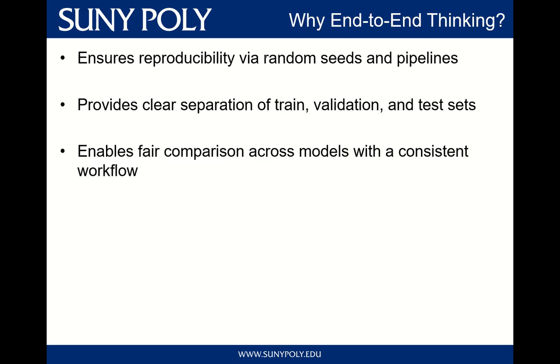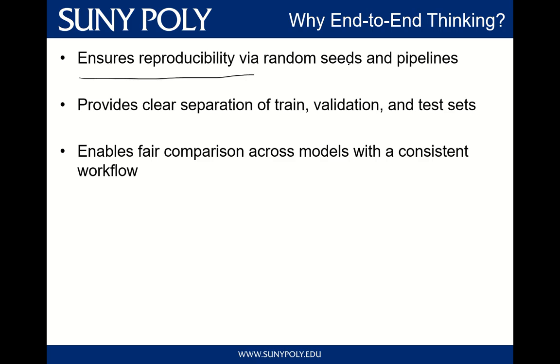All right. So why is end-to-end thinking important? The main purpose of defining this process from the beginning to the end is that it ensures reproducibility. The idea is that we want to offer some consistency throughout the whole process, so someone else, someone part of the team or at a different time, can reproduce the same results.